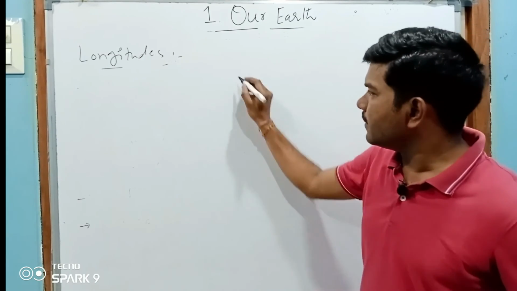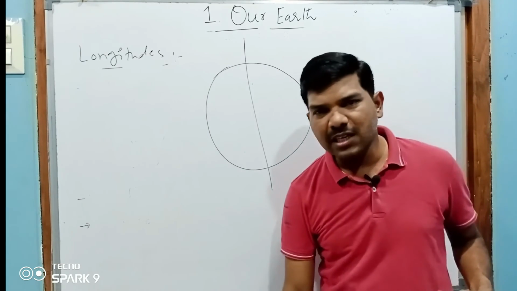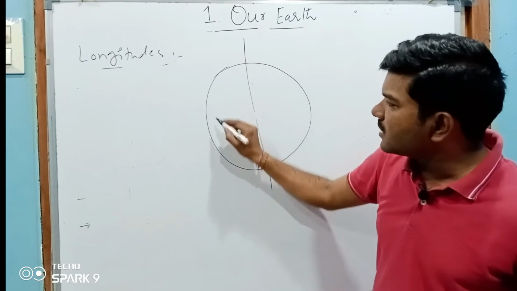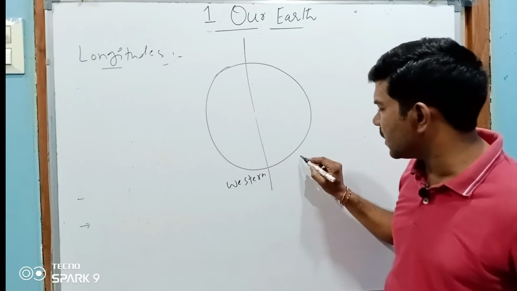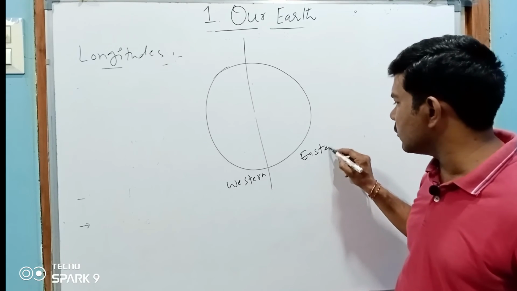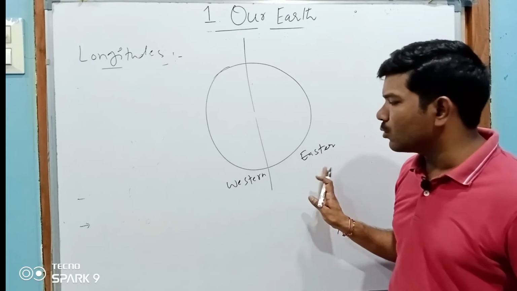See, on the model earth with imaginary lines, this is the western hemisphere and this is the eastern hemisphere. దీన్ని తెలుగులో పశ్చిమార్ధగోళము, పూర్వార్ధగోళం అంటారు.